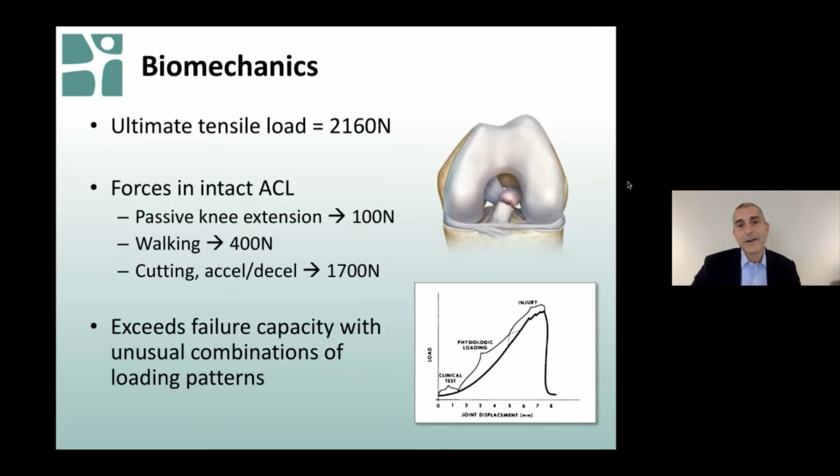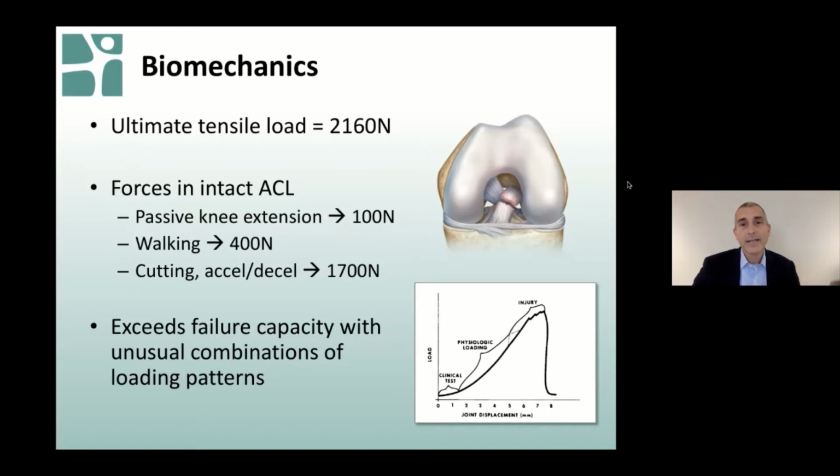The ACL is a very strong, stout ligament. Its ultimate tensile load before it fails is more than 2,000 newtons. Our activities of daily living don't really even come close to this amount of force. Passive movement of the knee only exerts about 100 newtons on the ACL, and walking only exerts about 400 newtons on the ACL.